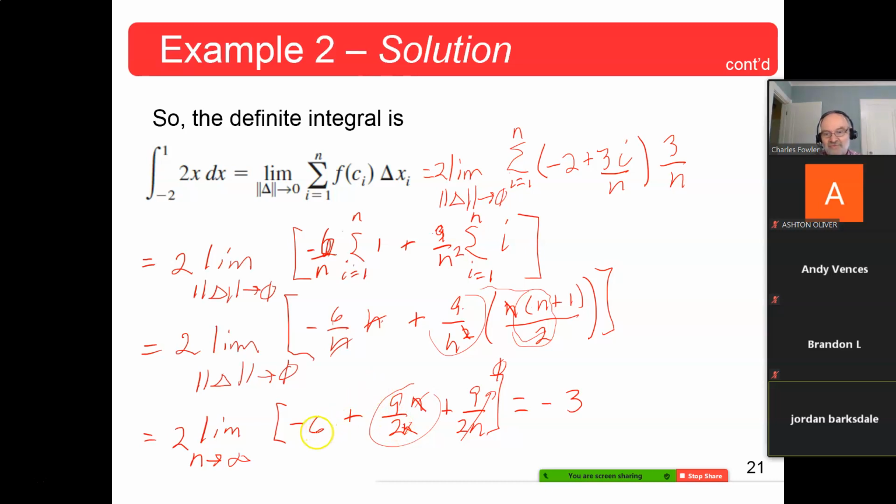So what I did was just change this minus 6 to minus 12 halves plus 9 halves, which would be negative 3 halves, and then multiply that by 2 and you got negative 3. Okay, was that sufficiently vague? Okay, good questions. Any others?